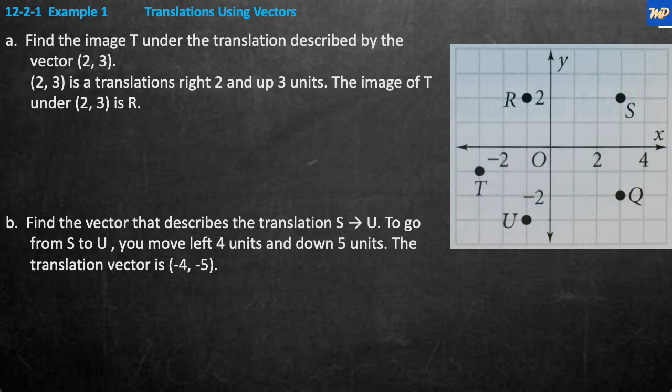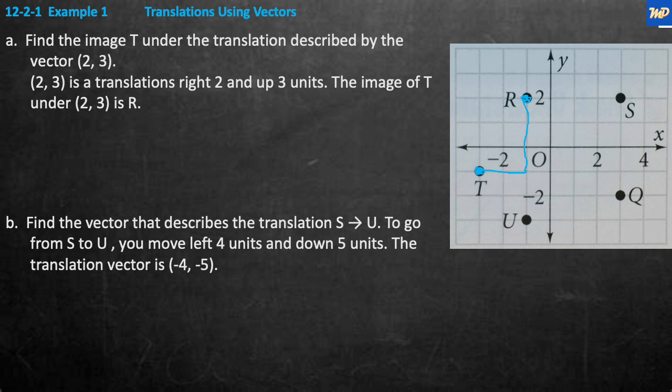So the image of T under the translation 2, 3 is R. And so you look at it, you see, here's T right here. And R is up here. And what does it say to do? It says go right 2 and then go up 3. That's the image. It goes from T to R.